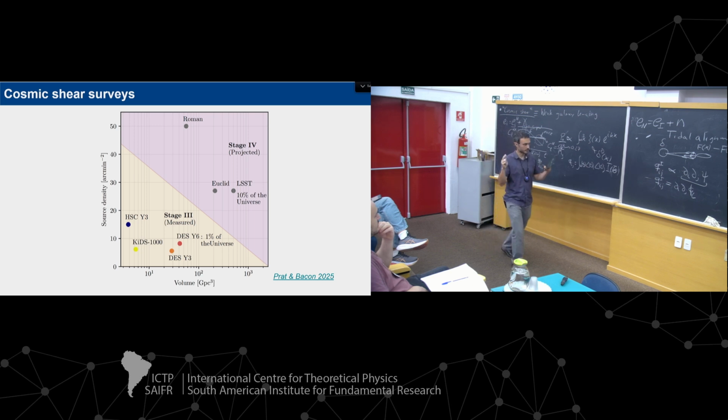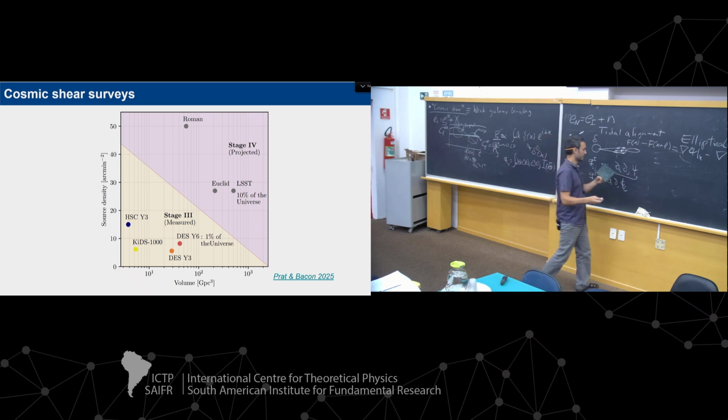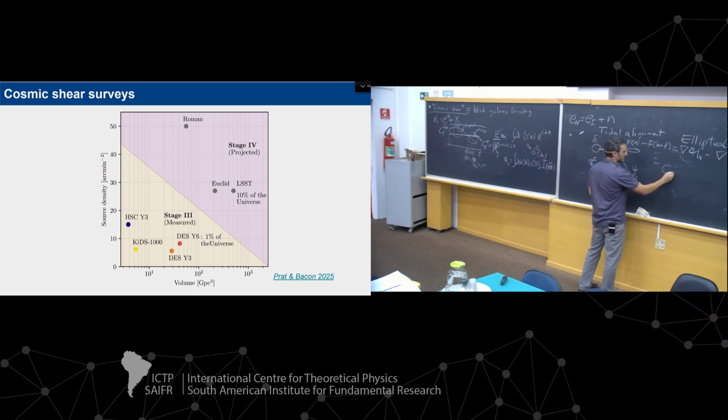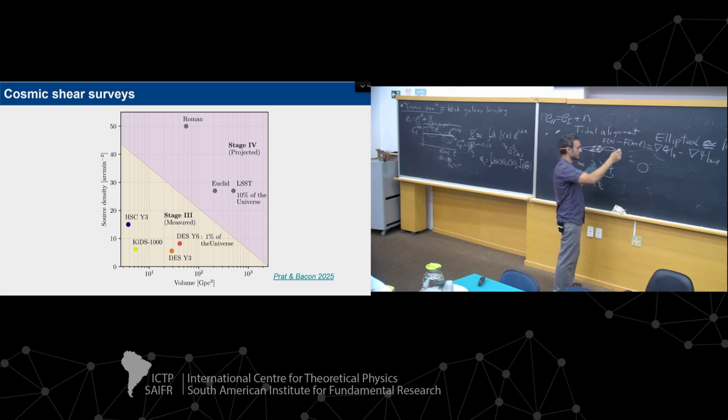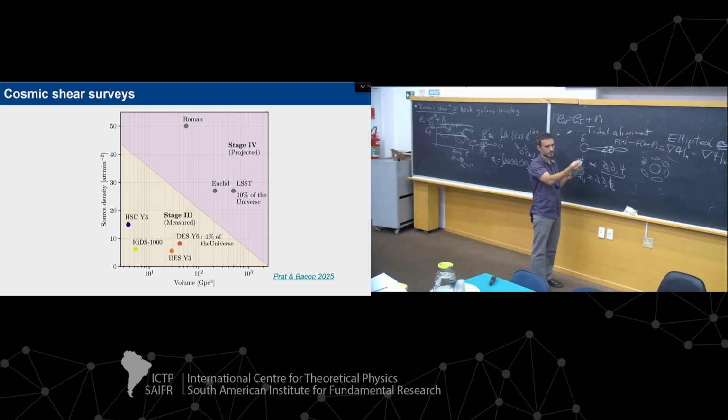But okay, what should we expect intrinsic alignments to do to our signal? Remember we said we had a massive structure somewhere along the line of sight from our sources. That weak lensing will tend to generate tangential alignment of the galaxies, right? So this is the effect from weak lensing for any lens along the line of sight.